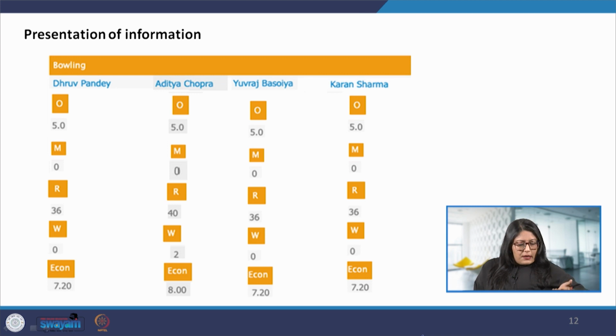So here for example, if I ask you how many runs did Yuvraj make, this will take a lot of time to first identify the information present and then sift through it to finally get to where the R is showing here.